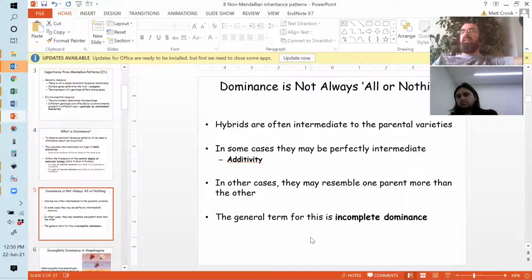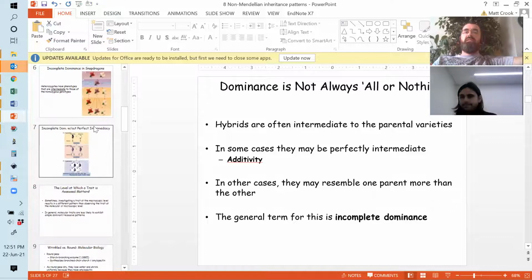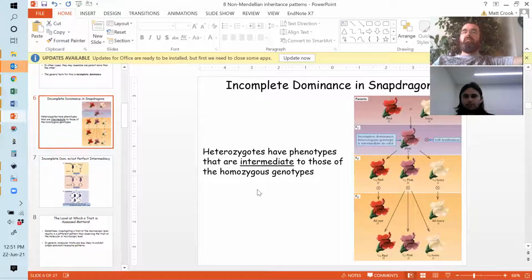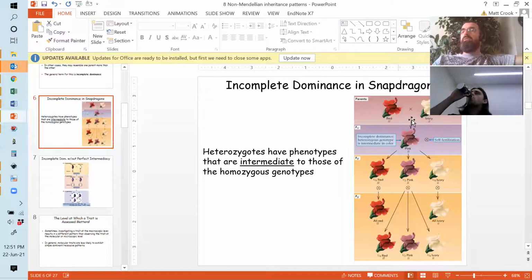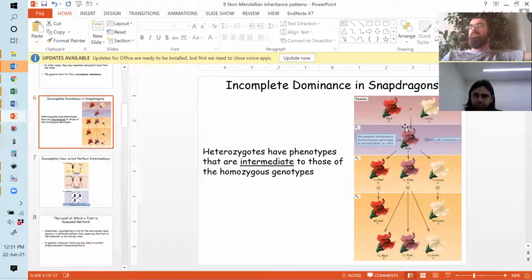The reason for that is pigmentation isn't necessarily an all or nothing trait. Snapdragons are one example, where homozygous dominant is red and homozygous recessive is white or ivory. Essentially you have to mask that white color.